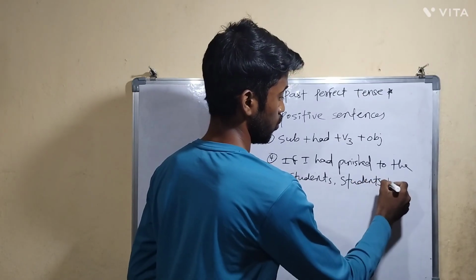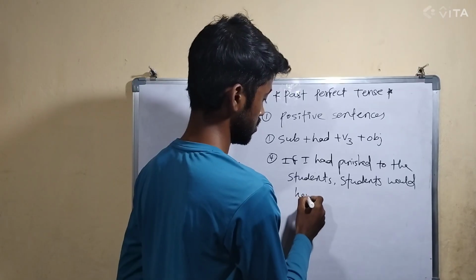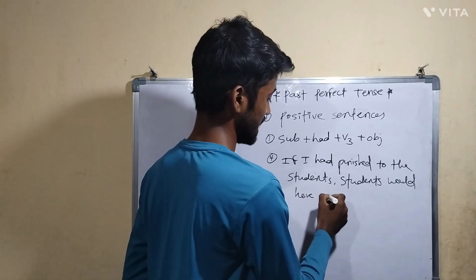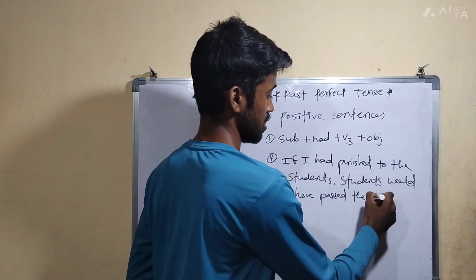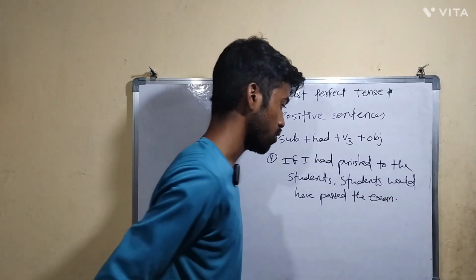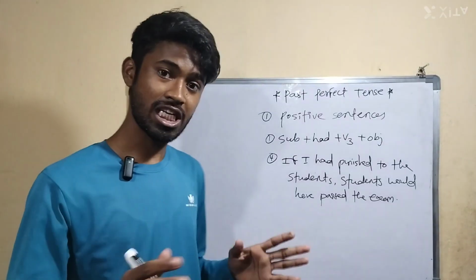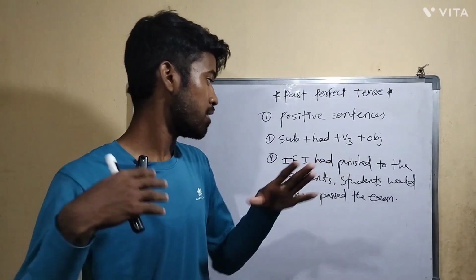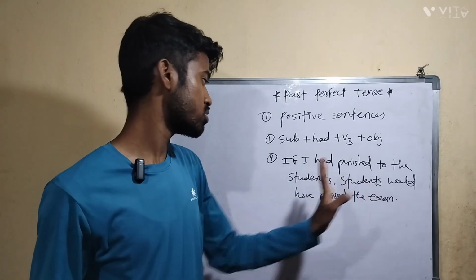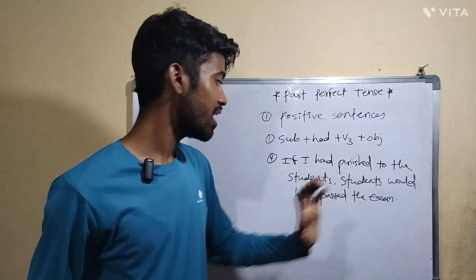The students would have passed the exam. So what is the meaning of this sentence? You understood: if a teacher is punishing you, it is good for you. So if I had punished them, the students would have passed the exam.